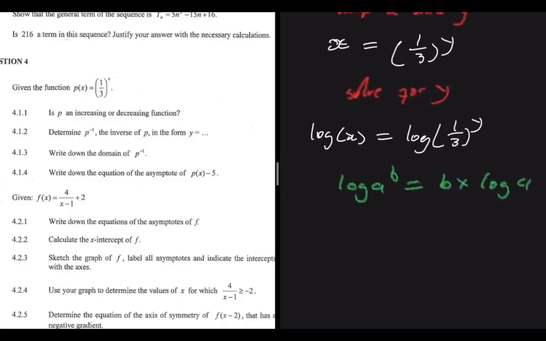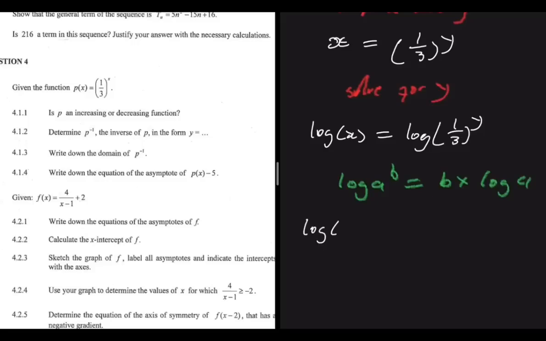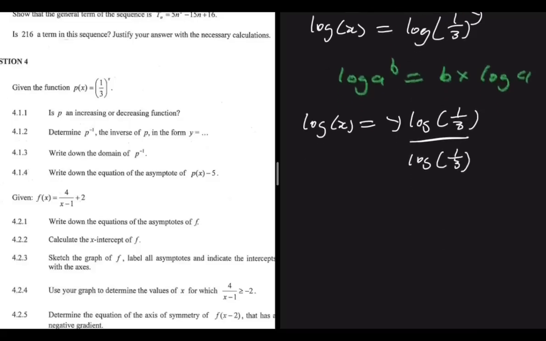So if we just apply that idea right here, we're going to have log of x being equal to y log of 1 divided by 3. So we can go ahead and divide both sides by log of 1 divided by 3 in an attempt to isolate y, right? And then if we do that, we're going to end up having y is equal to log of x base 1 divided by 3. And that is the inverse of p of x.